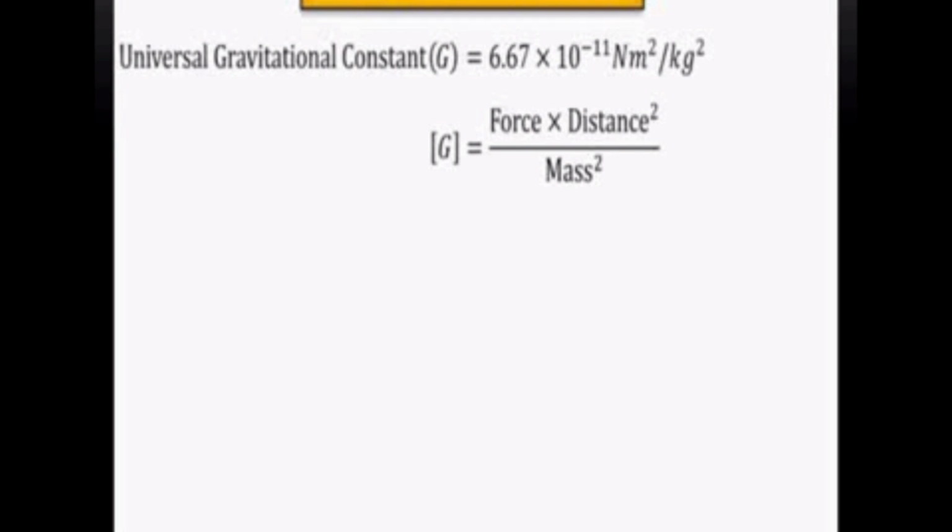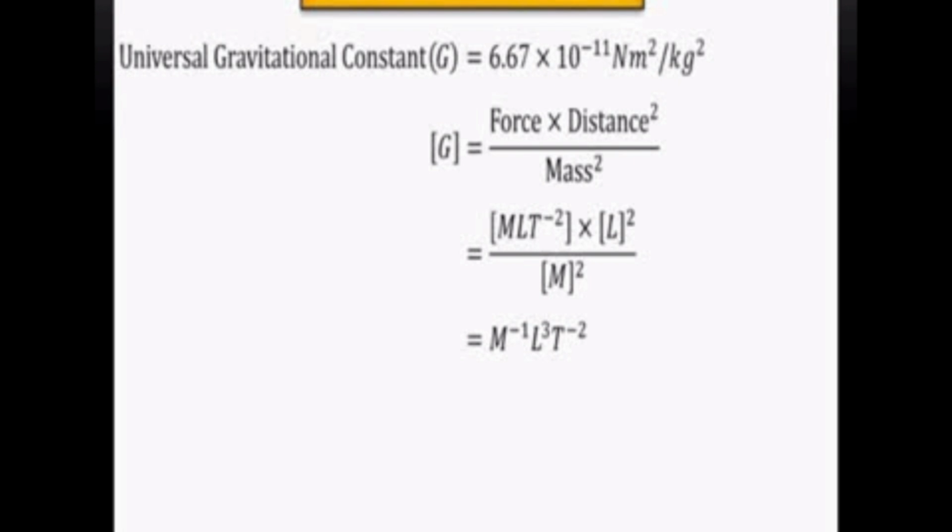You know the formulas for force, distance, and mass. Substituting all these, you can calculate the dimension for the universal gravitational constant. So M L T power minus 2 into L square divided by M square, you will get M inverse L cube T power minus 2 as the dimensional formula for the universal gravitational constant.